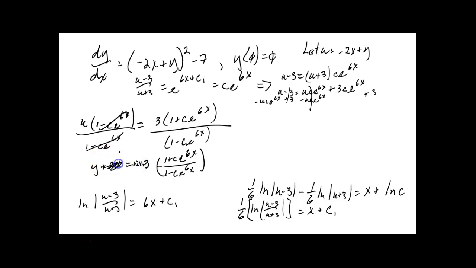Okay, so your final answer is y is equal to 2x plus 3 times 1 plus c e to the 6x over 1 minus c e to the 6x. Getting into an explicit solution of y sometimes takes an awful lot of work, but that's how you get there. Okay? And that is the answer that they got. Well, sort of. I put the 3 on the outside, they put it up with the numerator.